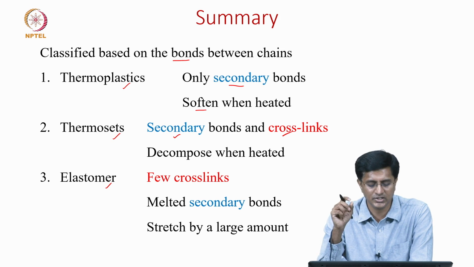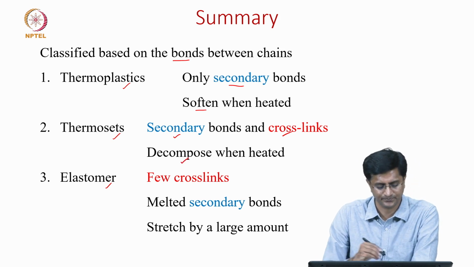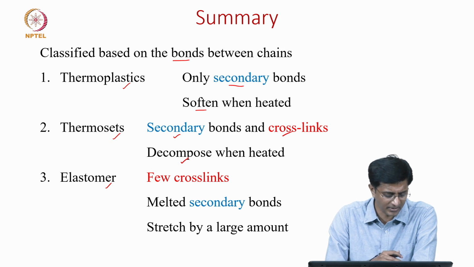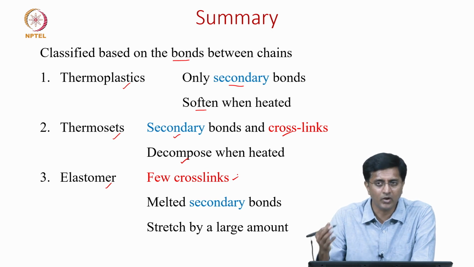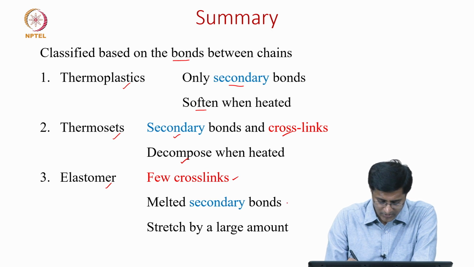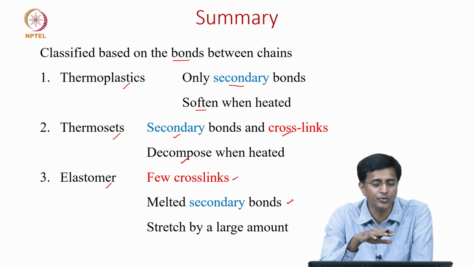So, when the polymer chains break down, that is called decomposition of polymers. And the final category is the elastomers, where we said that it has very few cross links, like 1 in 1000 or much lesser than that, and we also said that secondary bonds are non-existent at room temperature.